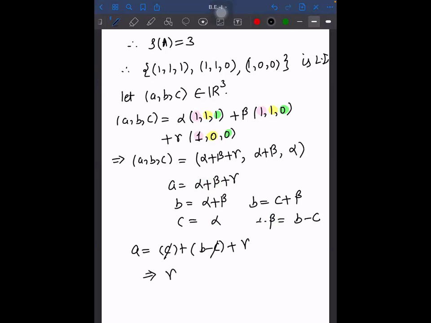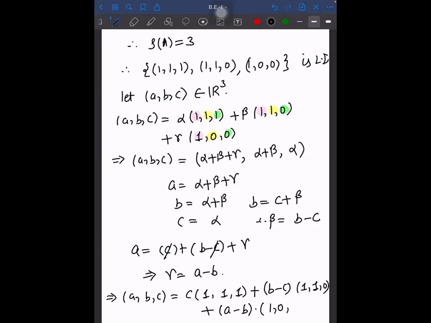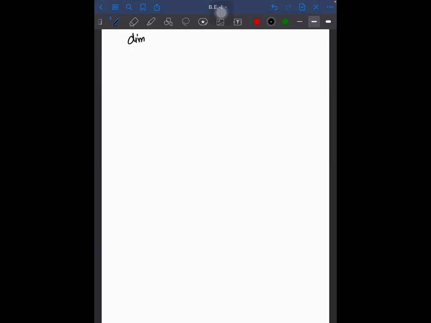So gamma is equal to A minus B. So now you have all the values. So A, B, C can be written as C times 1, 1, 1, plus B minus C times 1, 1, 0, plus A minus B times 1, 0, 0. So that's how this set is a basis and the dimension of R3 is equal to 3.